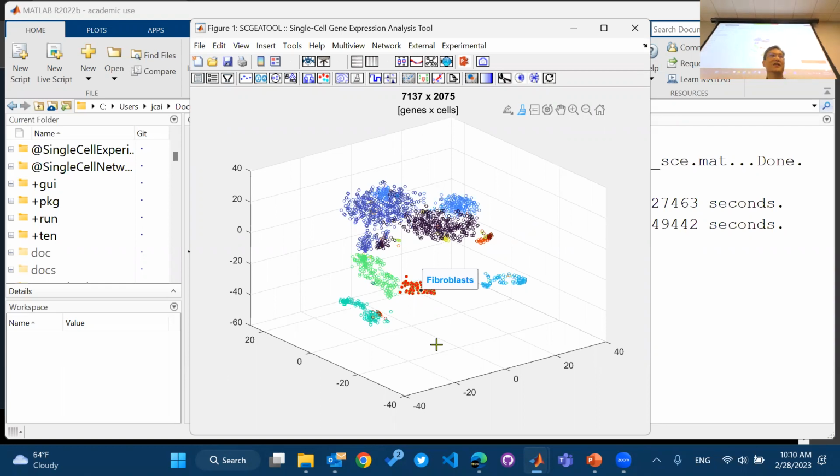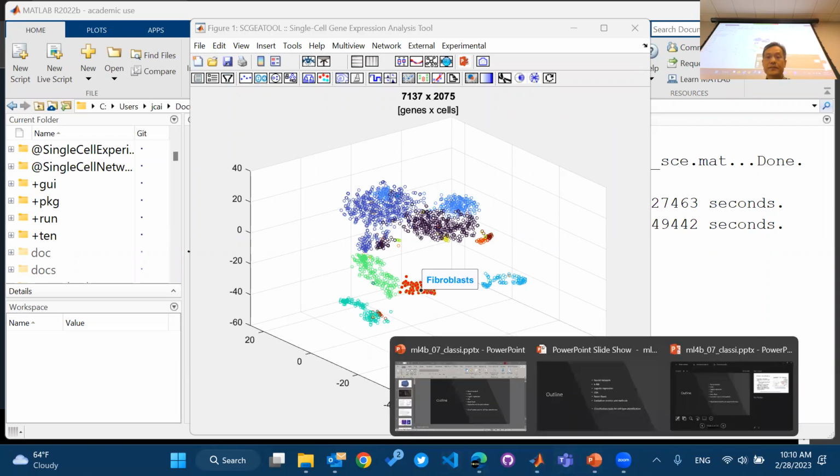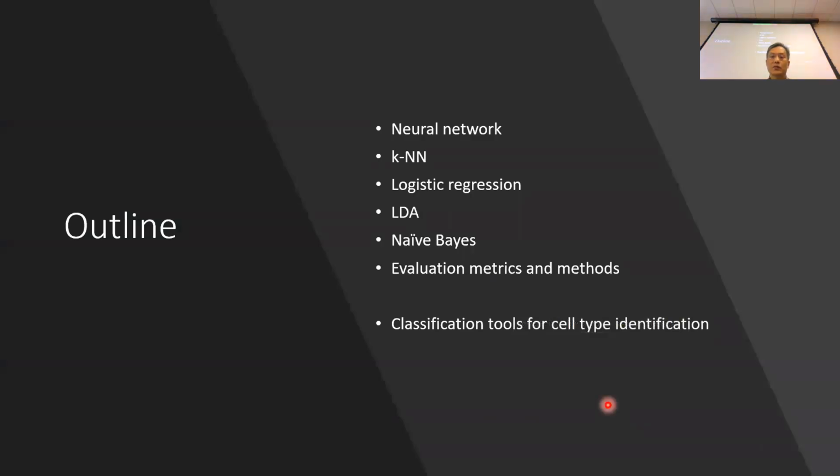Is it a neural network? Is it a Bayesian method? Is it supervised or not? So let's see. To the side, I'm going to jump to the very end of this slide.